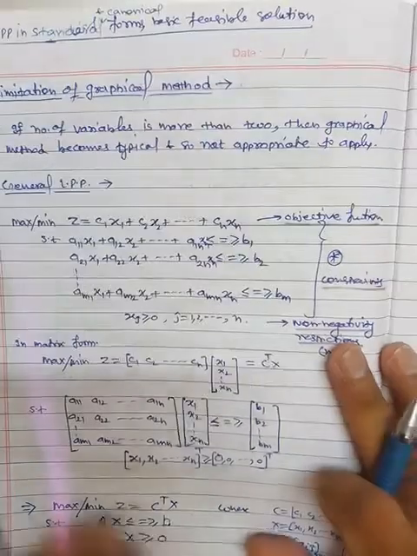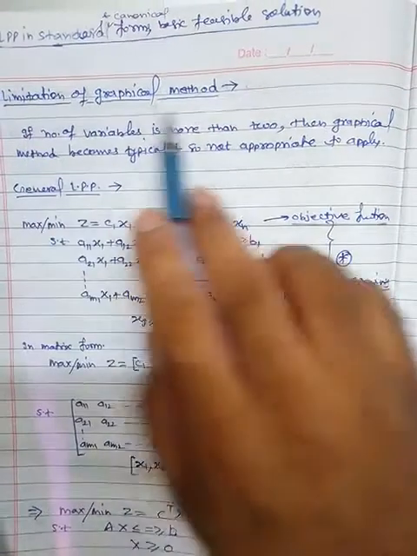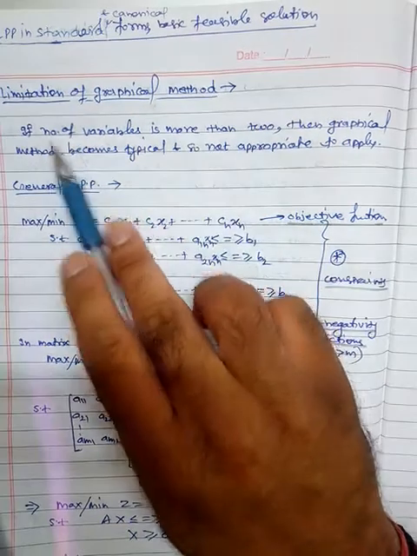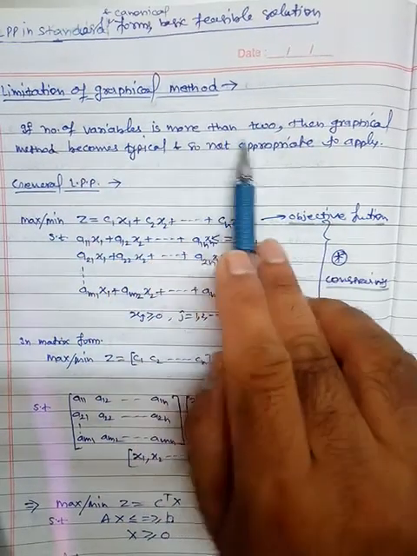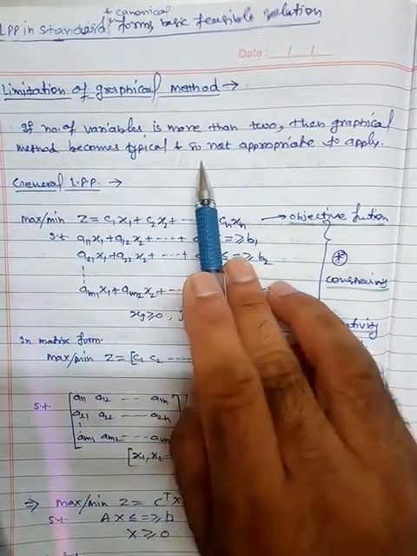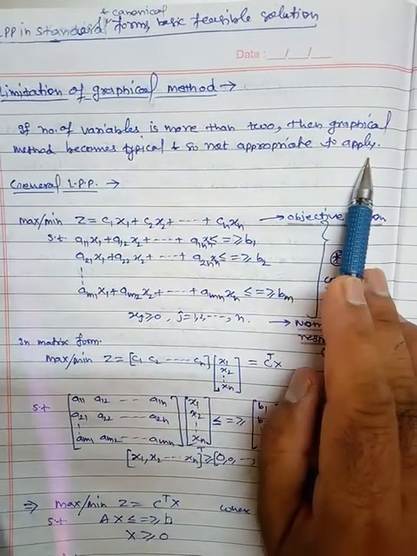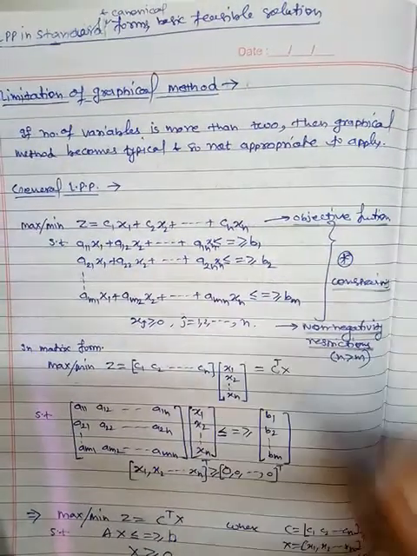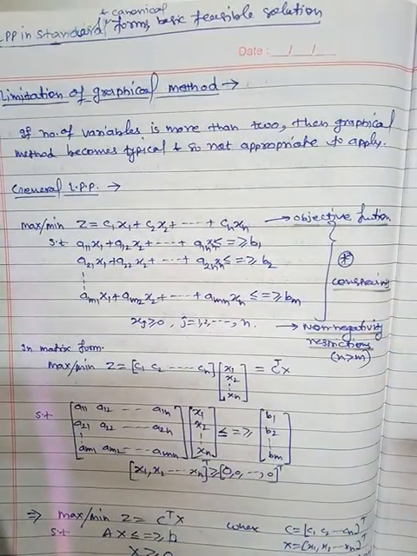Now, what is the limitation of the graphical method? If the number of variables is more than 2, then the graphical method becomes difficult and not appropriate to apply, because you are not able to visualize the graph if the number of variables increases.